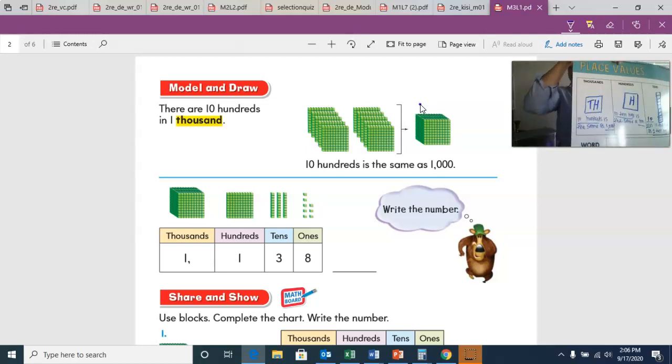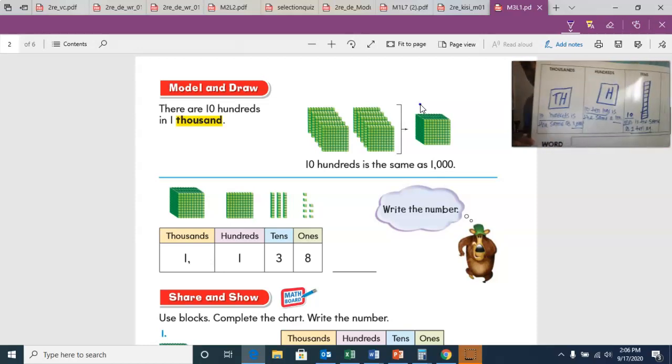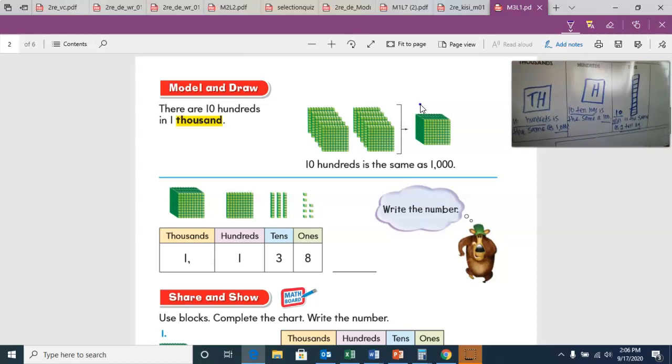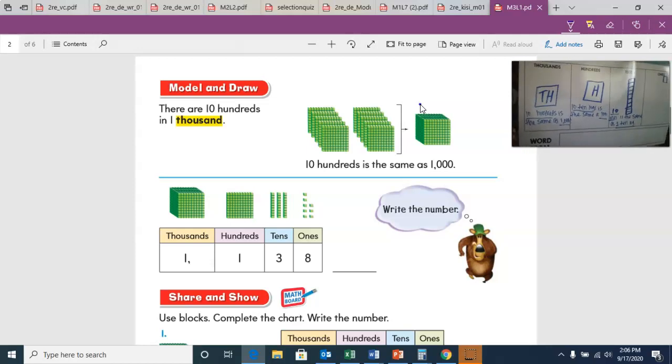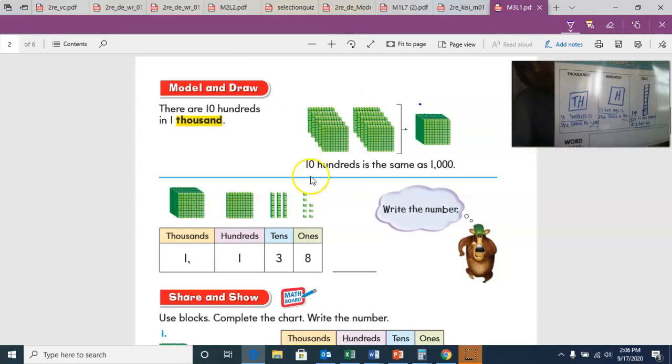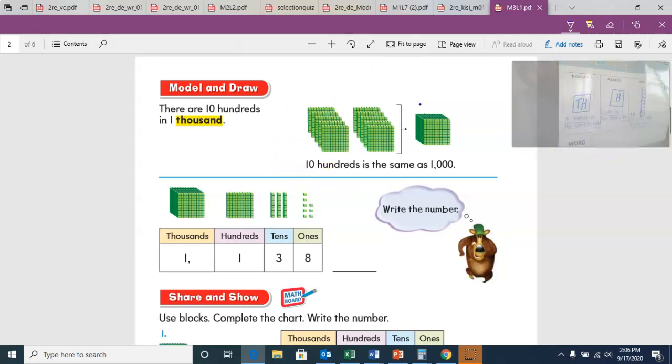So I'm going to show you my board, show you what I wrote. And I need you to write this down. Let me see if I can make my screen bigger so you can see this better. If you can see this better, I'd like for you to copy this down.